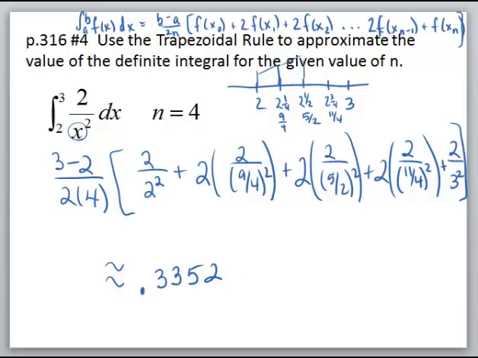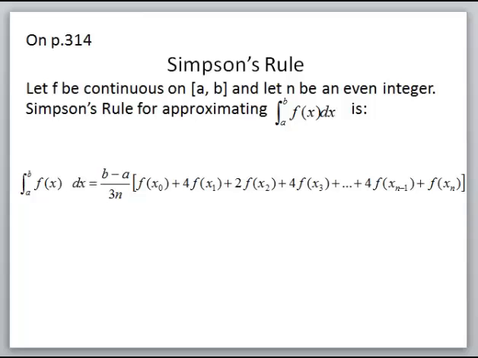The next thing we're going to start to talk about is Simpson's rule. Now, I'm not going to derive this as I did with the trapezoidal rule. It would take way too long for these videos. It is described to you on page 314, and it is a little bit more complicated to understand. What I want to point out to you is there's a couple differences.